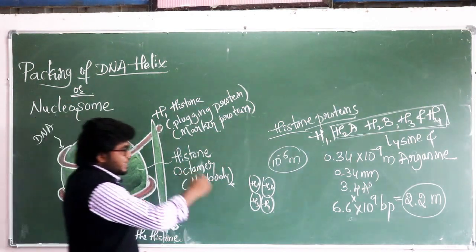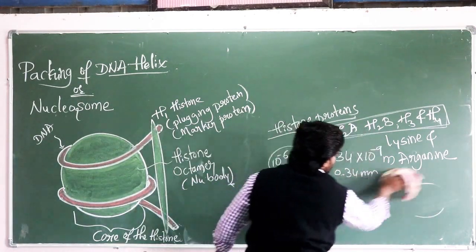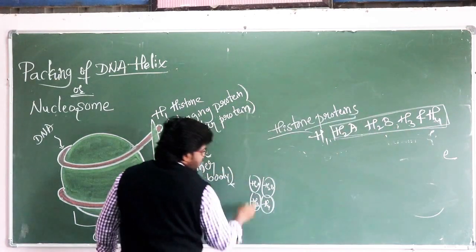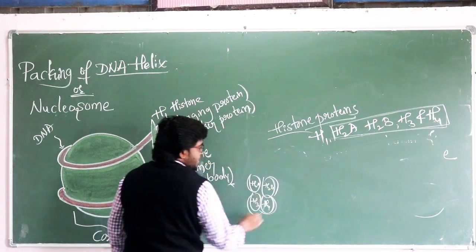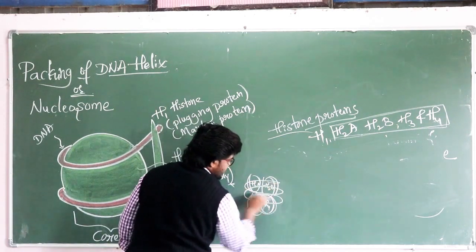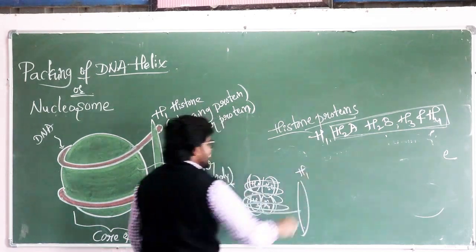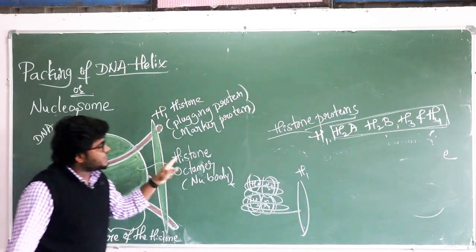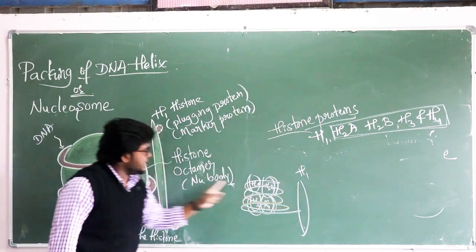So this is how the arrangement is. And one more important thing ahead. So this is the histone octamer. On this histone octamer, the negatively charged DNA is wrapped. Then one protein, that is called the H1 protein, a non-histone protein, separates such nucleosomes.